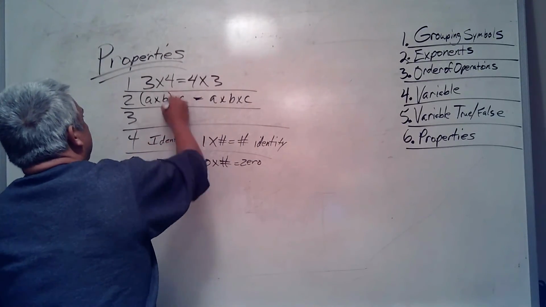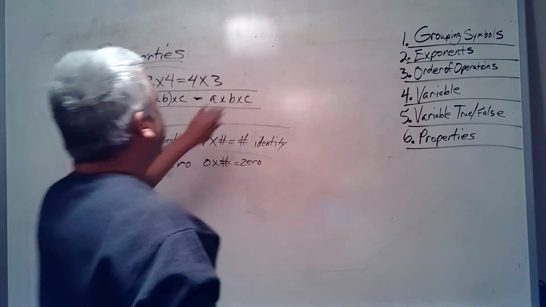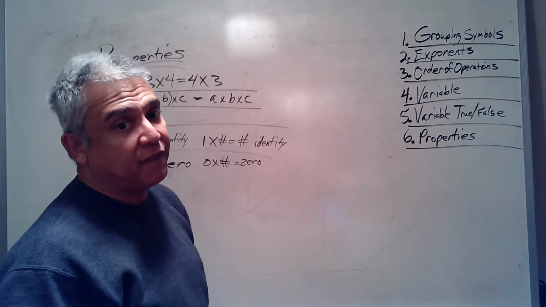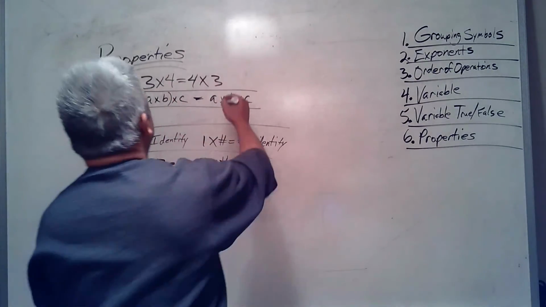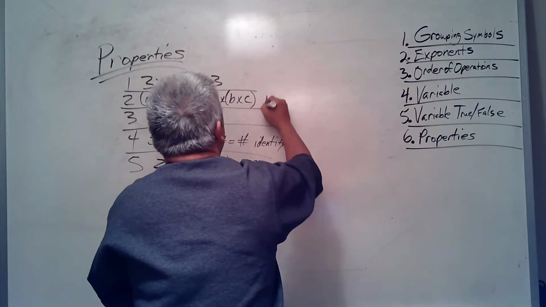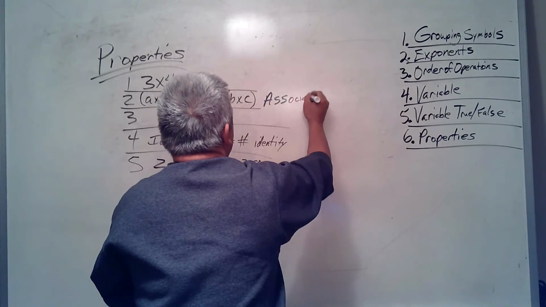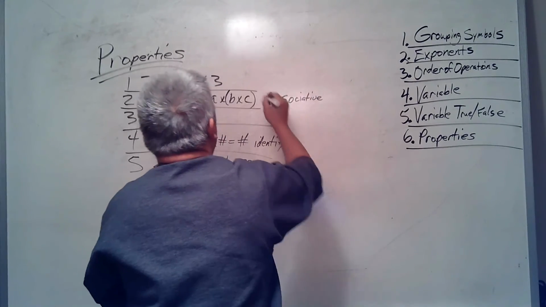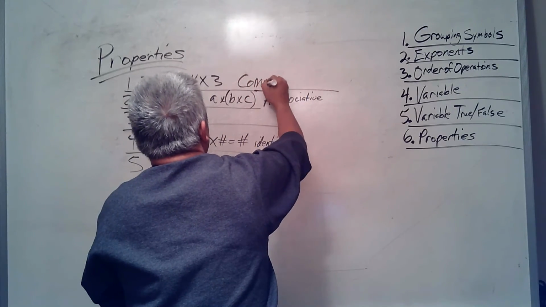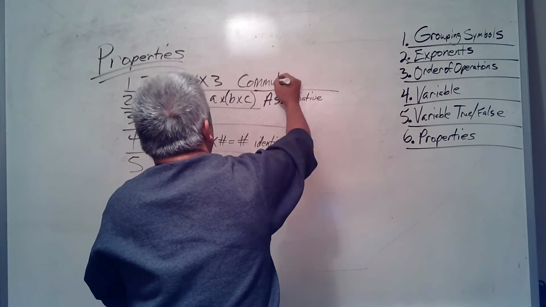So if I put parentheses around that, A and B are playing together, but over here, are they still going to be playing together? They're not friends anymore. So now B and C are going to play together. And what property is that? The associative. A-S-S-O-C-I-A-T-I-V-E. Associative. And the top one was commutative. C-O-M-M-U. It's like a mutant.